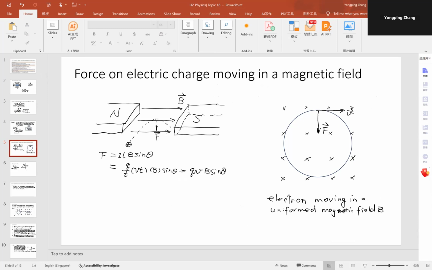For an electron moving in a uniform magnetic field B into the page, the electron moves to the right. So the force is downward, pointing to the center. What's the force? Equal to ma.